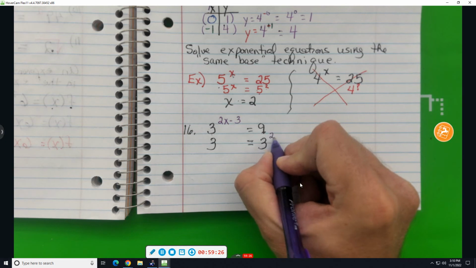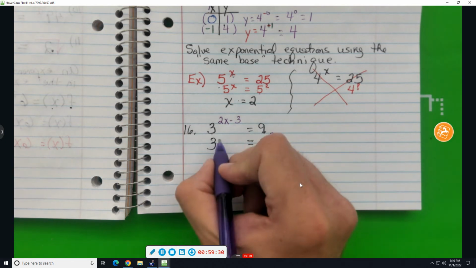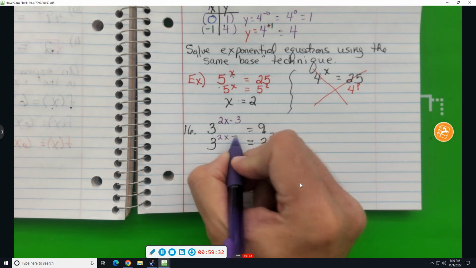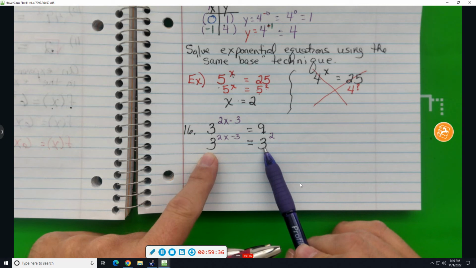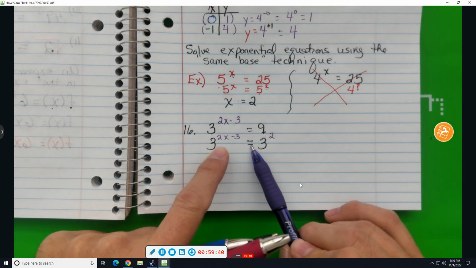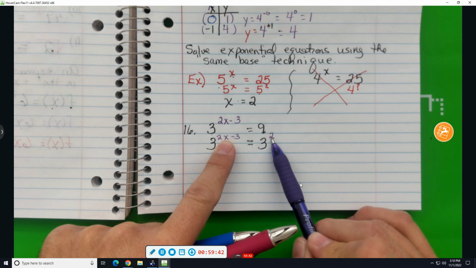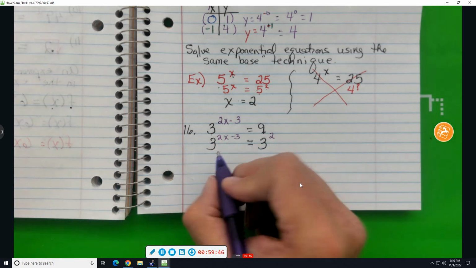Is it 2? 3 squared is 9. Once you have it written like this, if these bases are the same, the only way this can be equal is if the exponents are equal. If the bases are the same, the exponents have to be the same.